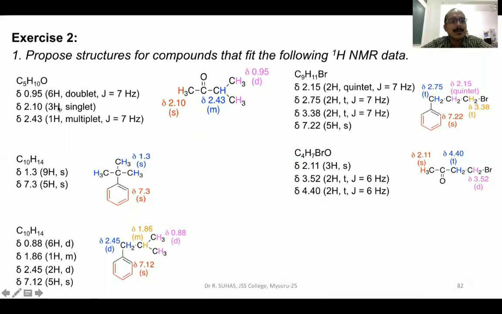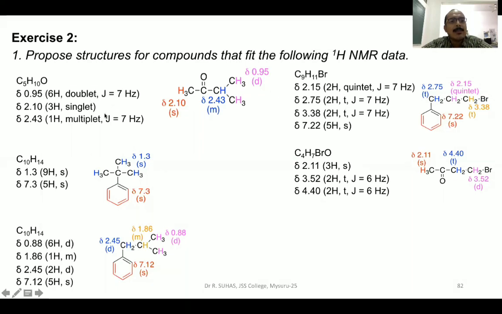It contains 3 protons. The next delta value is 2.43. It has 1H multiplet, and J is 7 Hertz. This is also J 7 Hertz. It indicates that these two protons are near each other. These two are neighbors, whereas this one is not a neighbor because it is only a singlet. That means there are no neighboring protons.